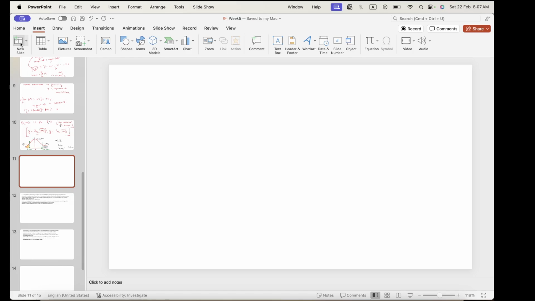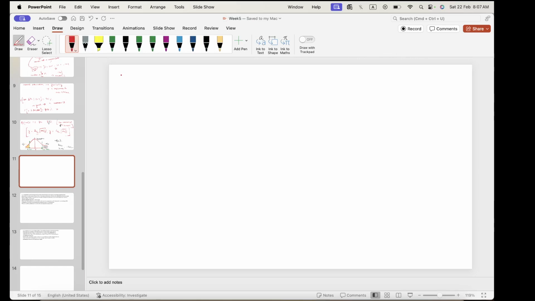If it is unknown, the 1 minus alpha % confidence interval for capital Y bar will look like this.